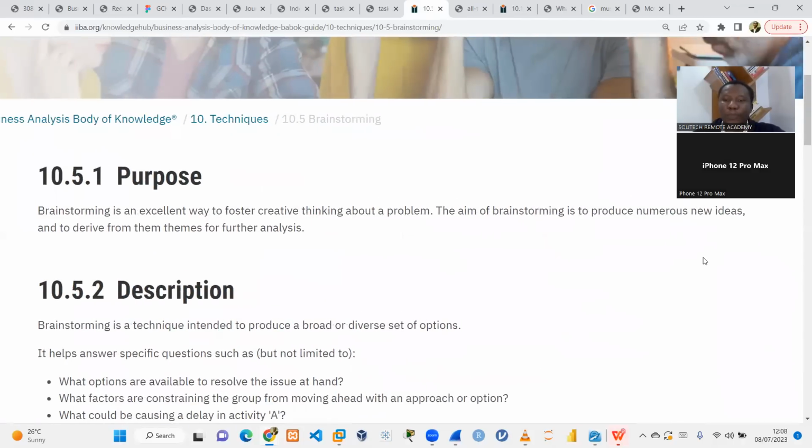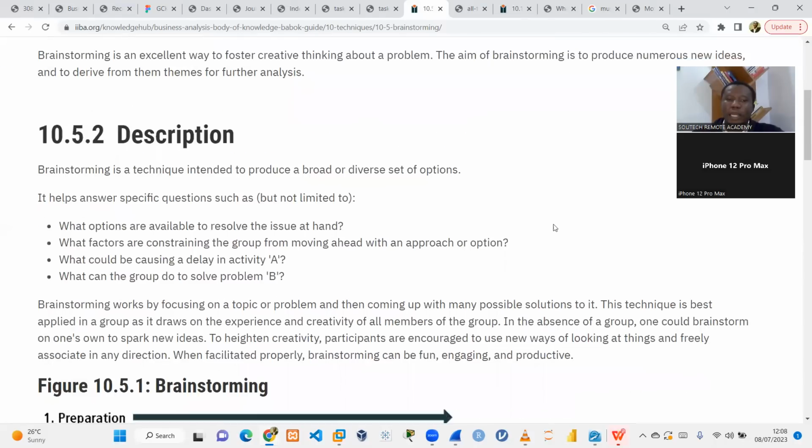To produce numerous new ideas. It is not limited to looking at options that are available to resolve the issue at hand, factors constraining the group from moving ahead within an approach or option, what could be causing delay in the activity, what the group can do to solve the problem.